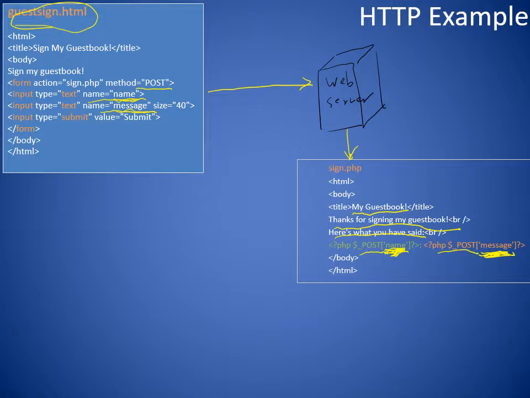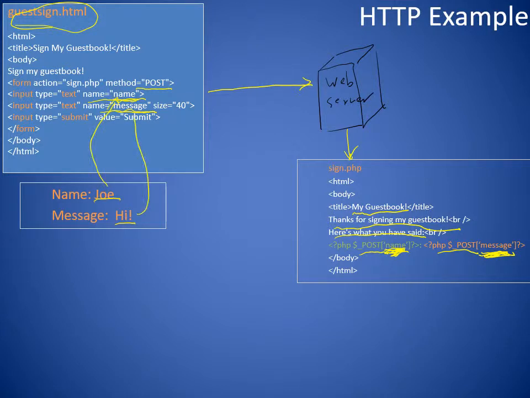And then as a result, let's say the user has posted the name as Joe and put the message as hi. Then Joe is going to be filled into the name and hi is going to be filled into the message, and the two values are going to be sent to the variables in the PHP file.